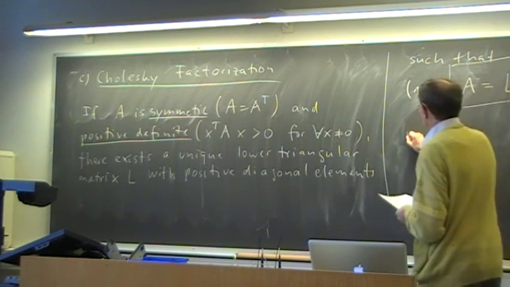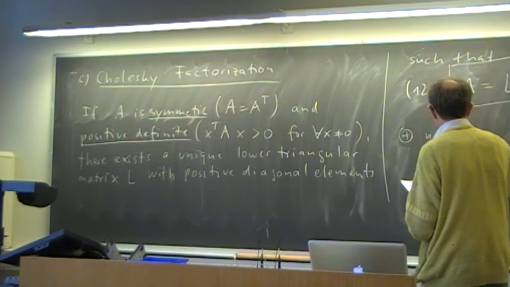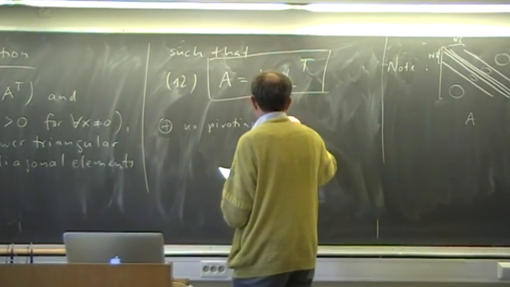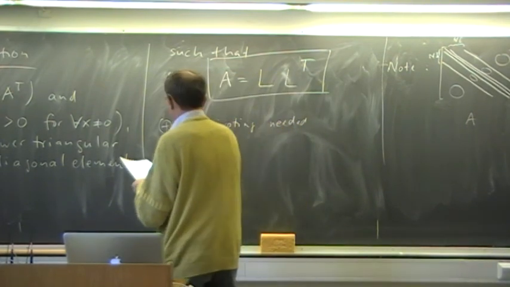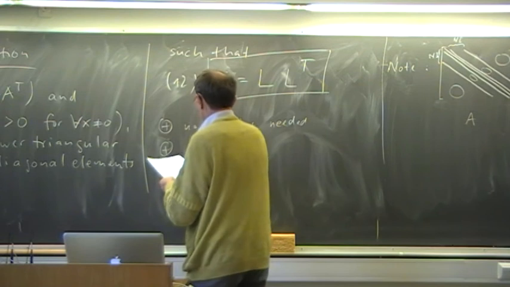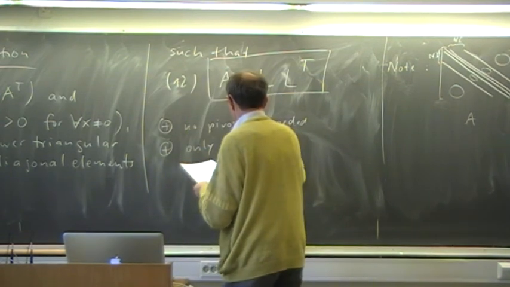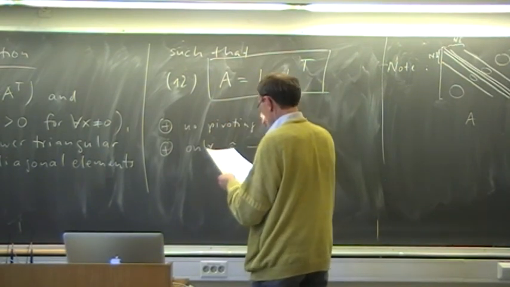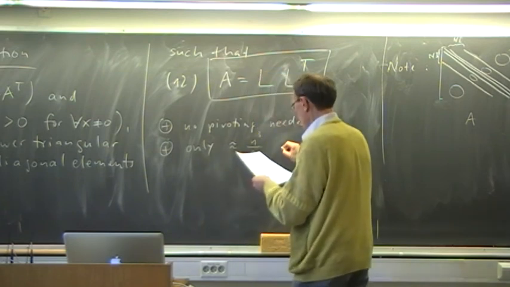So the advantages of this technique is we have no pivoting needed. And the other advantage is we have only half of the number of operations needed for the factorization: n to the power 3 divided by 3.